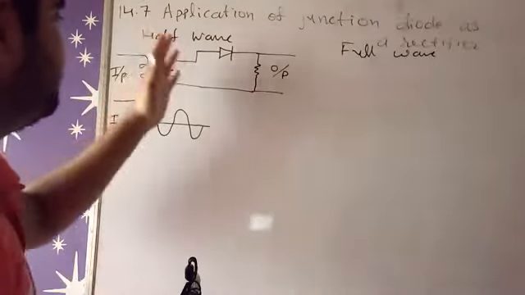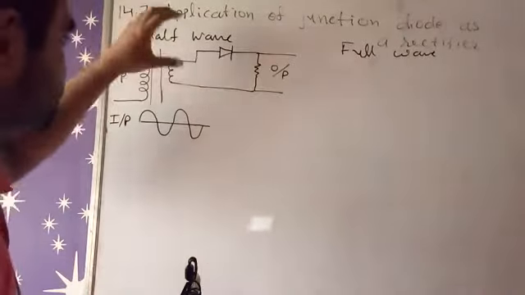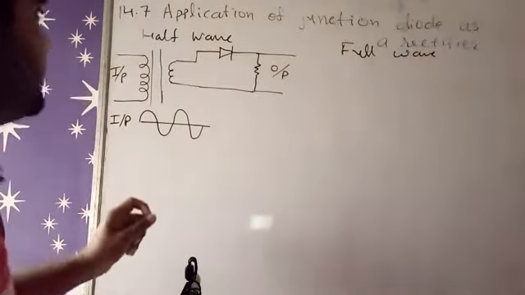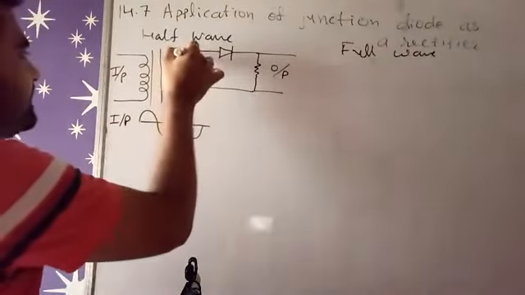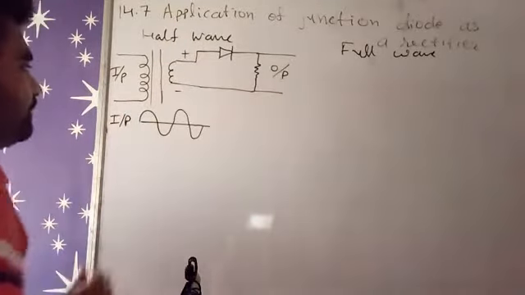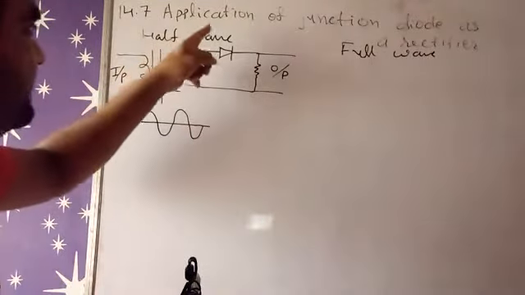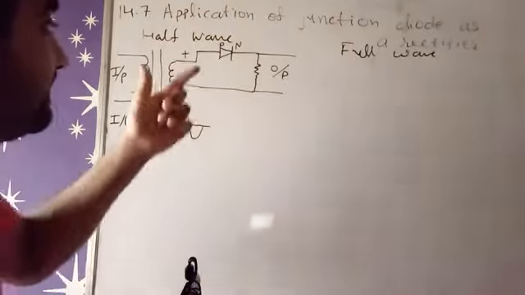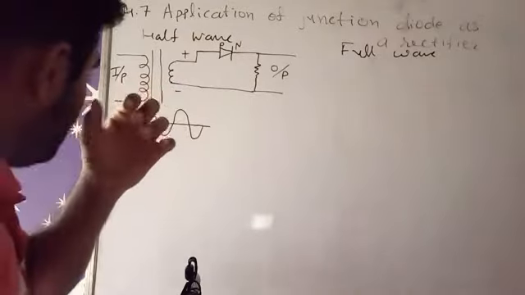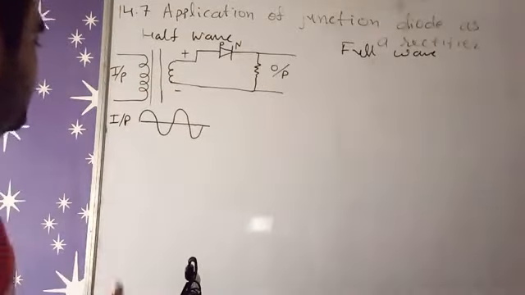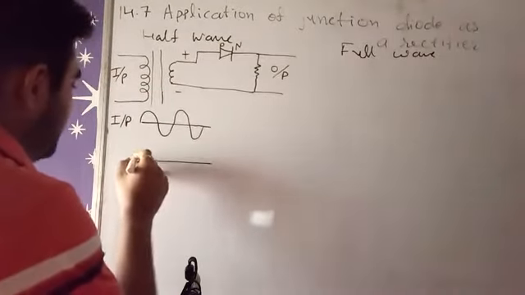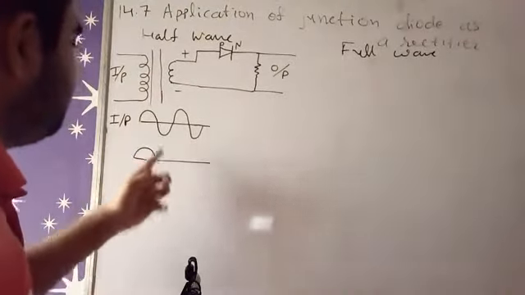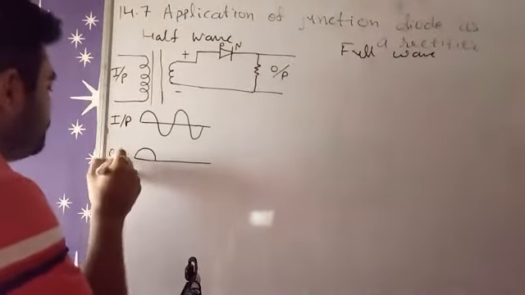Now what happens when this signal comes here? In the first interval this side will be positive and this negative. Positive is connected with the P type semiconductor and negative with the N type. So this is forward bias, and whenever a diode is in forward bias, it can pass current. So we are getting some signal for the first half, and that is our output.